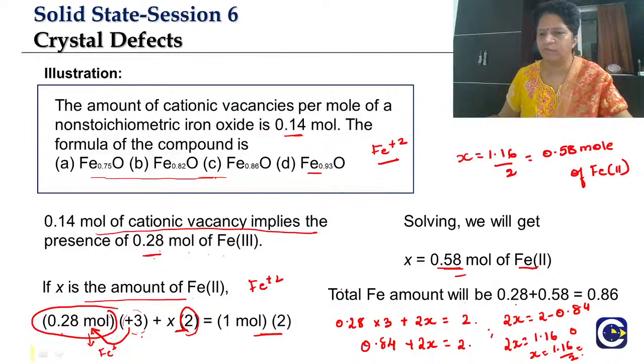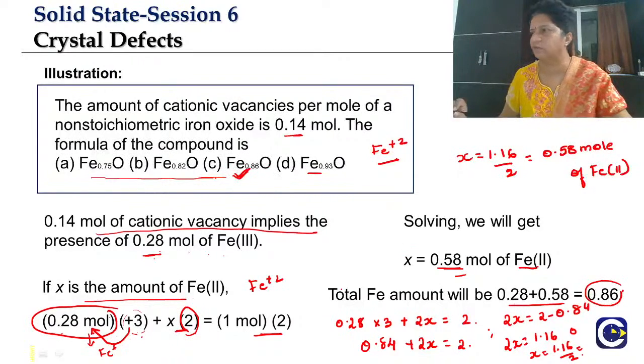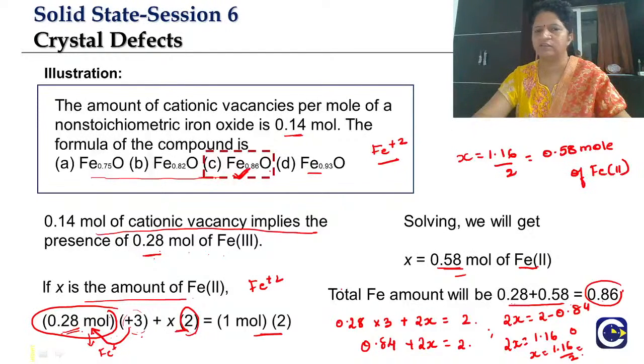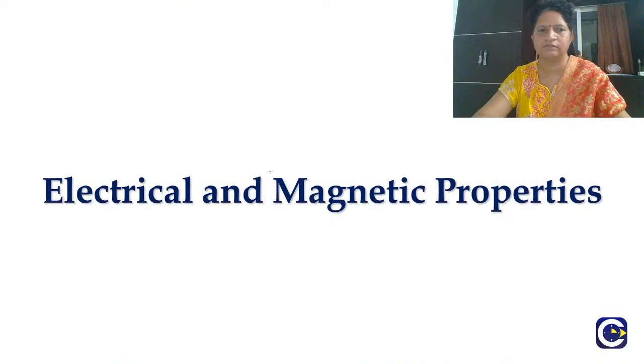So what is the total iron amount? 0.28 plus 0.58 is 0.86. So the formula is Fe 0.86 O. 0.58 is Fe plus 2. Very good Aditi. We already know the plus 3 oxidation state is 0.28. So total is 0.28 plus 0.58, which is 0.86. Okay, the answer is Fe 0.86 O.